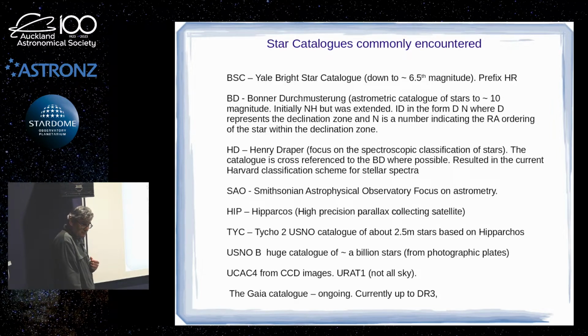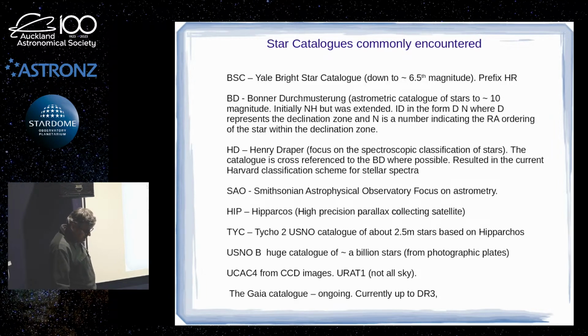Can anyone remember? Yeah, there were a number of women who actually worked on this at Harvard University, and so basically this Henry Draper catalogue is effectively the result of their work, and the Harvard classification scheme for stellar spectra.